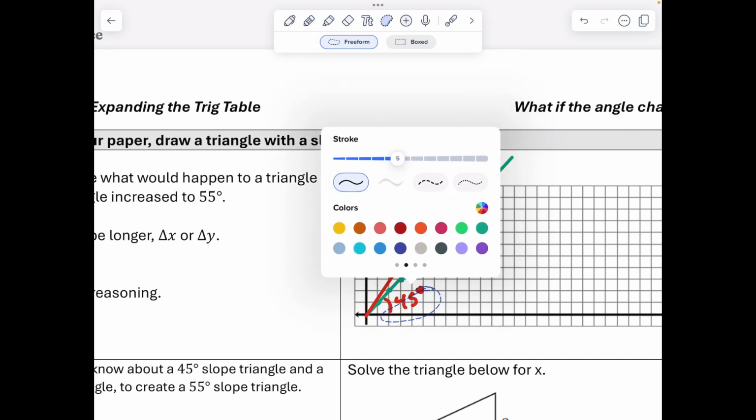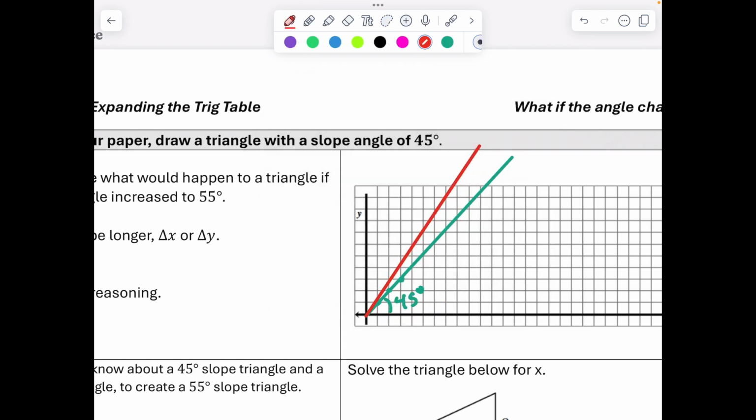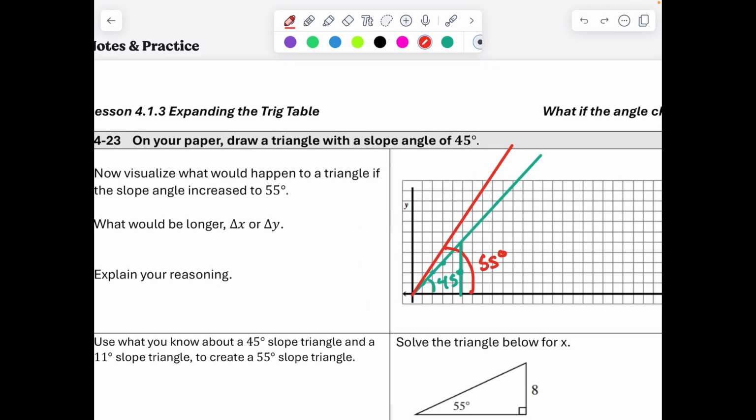Let's make these the same colors so we don't get confused here. Okay, so that's more like 55 degrees. So if we made a slope triangle like that, it seems like our change in y is bigger.